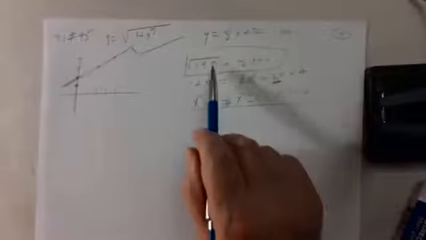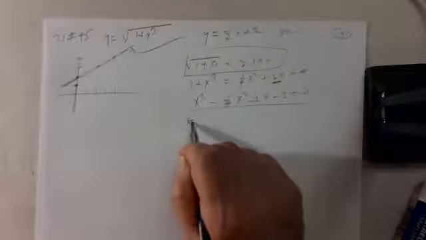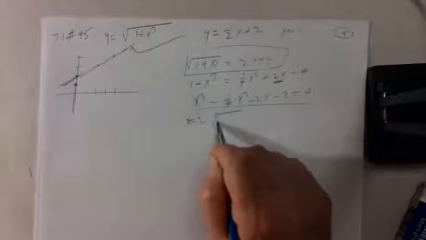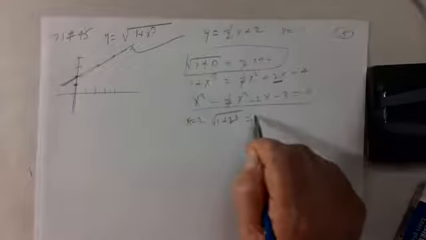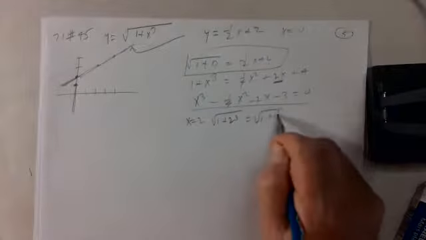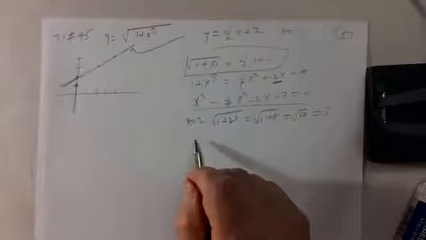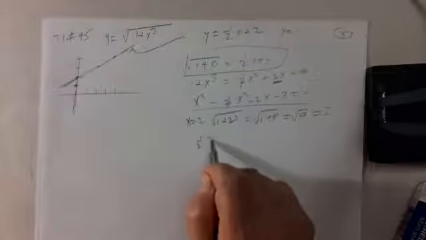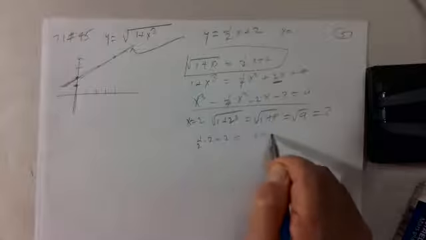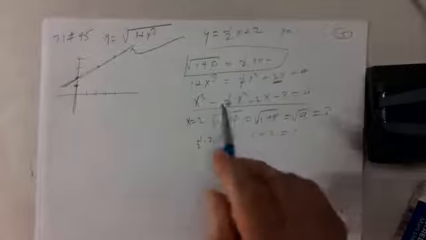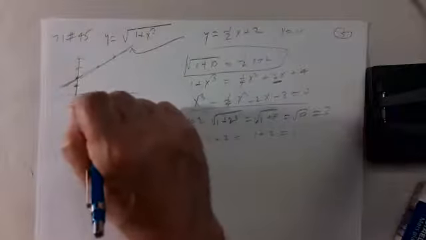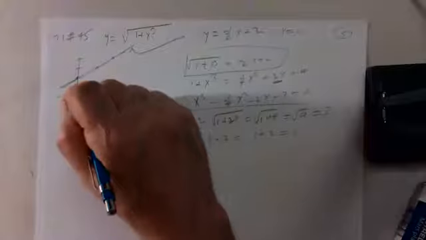In fact, if I make a lucky guess and let x equal 2, the square root of 1 plus 2 cubed is the square root of 1 plus 8, which is the square root of 9, which is 3. And 1/2 times 2 plus 2 is 1 plus 2, which is 3. So these curves cross when x is equal to 2.